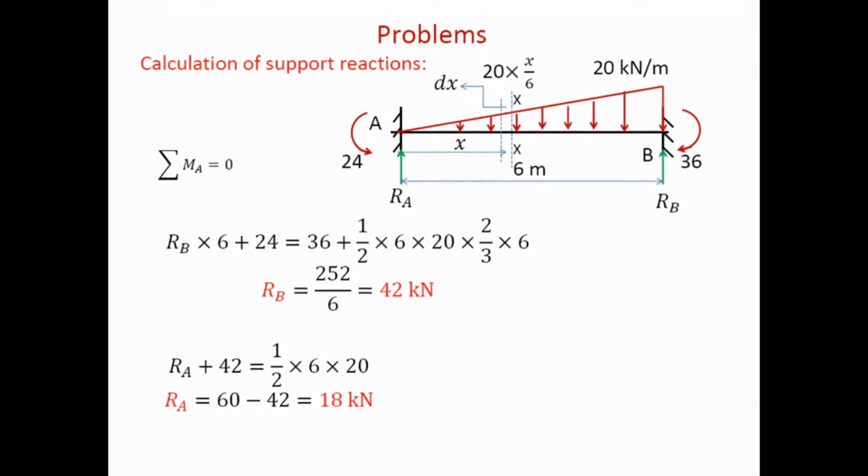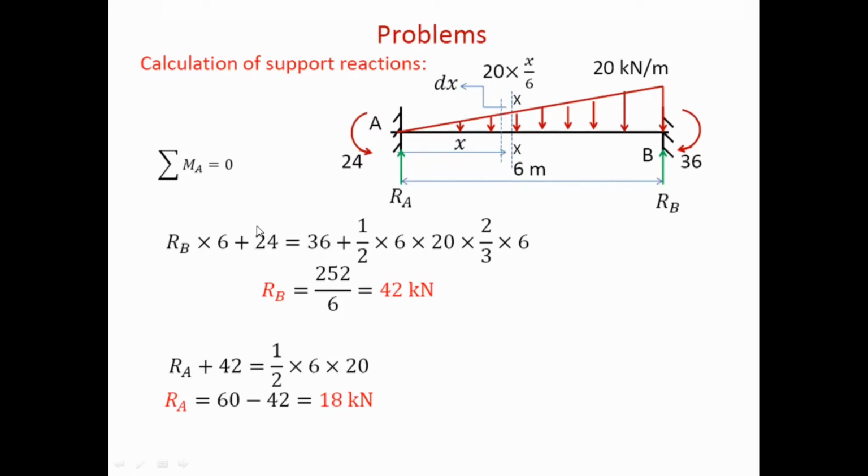Now we will apply simple conditions of equilibrium one by one. So summation of moment about A, from this we will get this equation of equilibrium. So RB into 6 plus 24 plus 24 is equal to... Why are these two on the left hand side?